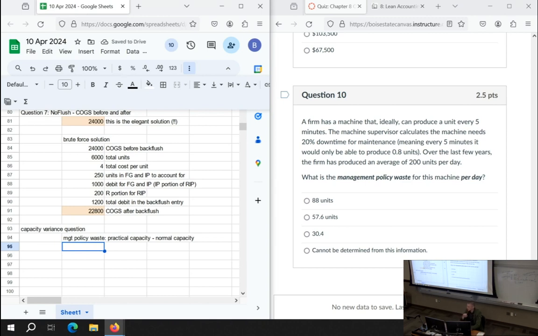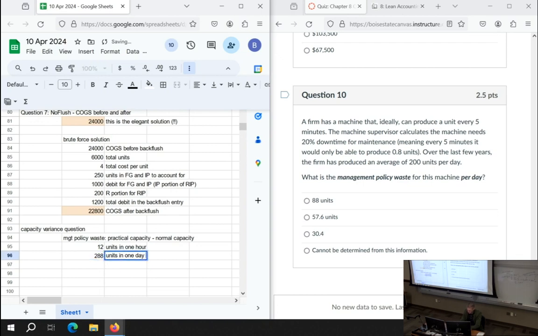Practical capacity is going to be our theoretical capacity minus reasonable downtime and maintenance. So our theoretical capacity is every 5 minutes we produce 1 unit. Well, these are units in 1 hour then. 60 minutes in an hour, every 5 minutes we produce one unit, so every hour we're producing 12 units. Times 24 hours in a day, that's our units in 1 day.